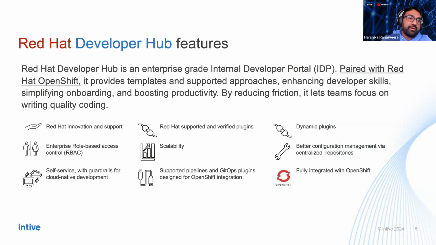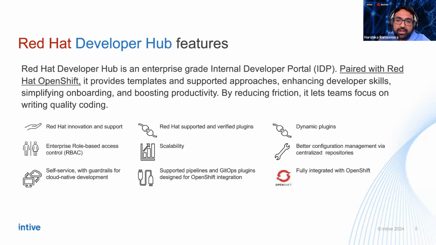So if we capture the Red Hat Developer Hub features, it's pre-architected and fully integrated with the OpenShift platform. It has features like scalability, security, centralized configuration management, it provides cloud native support, and it provides GitOps and DevOps practices as well.